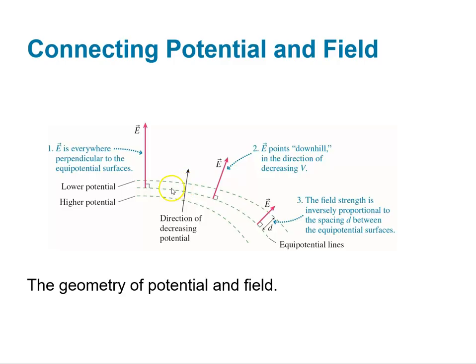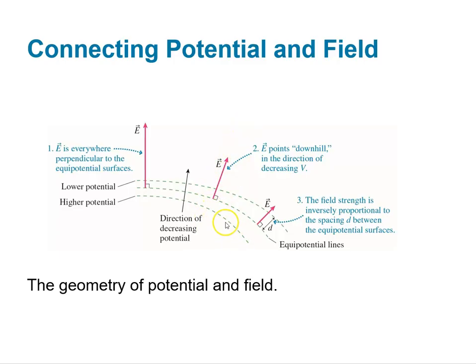Just to state some important points, the electric field is perpendicular to the equipotential surfaces. So you can map an electric field by drawing lines that are perpendicular to the equipotential surfaces at a variety of points. The electric field always points in the direction of decreasing potential.